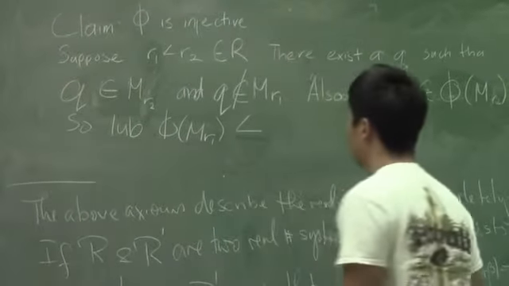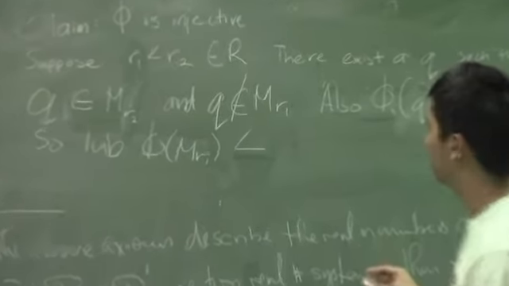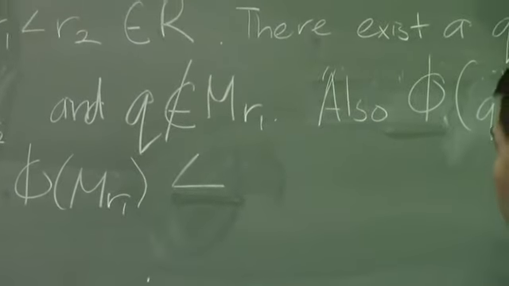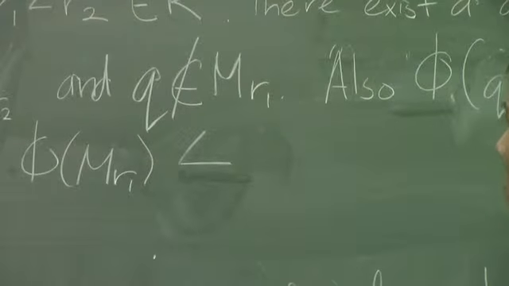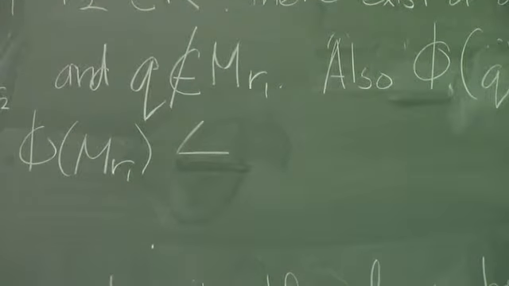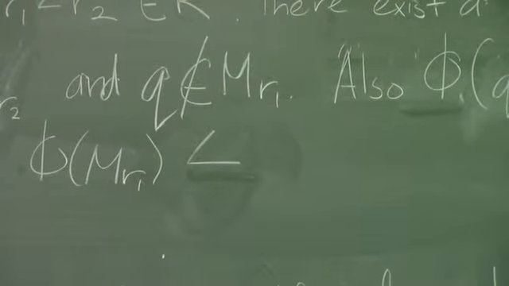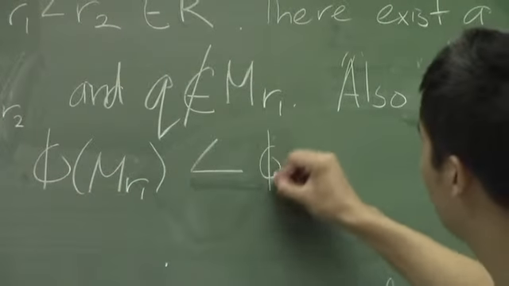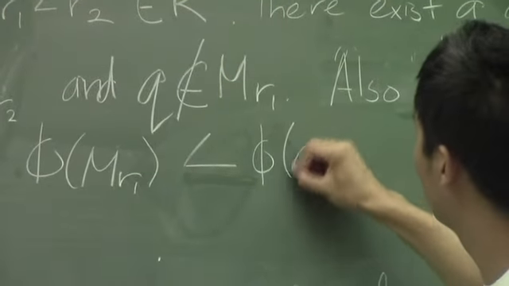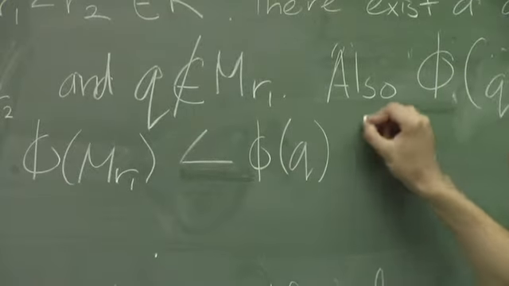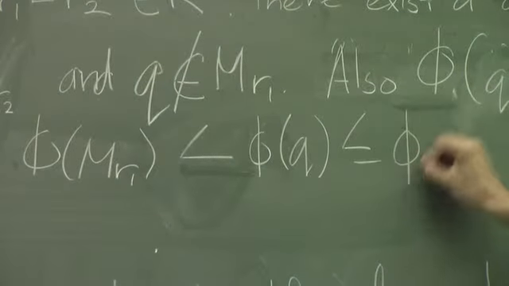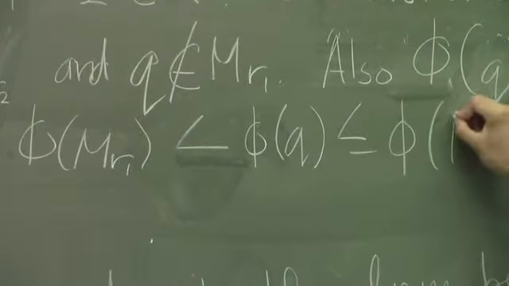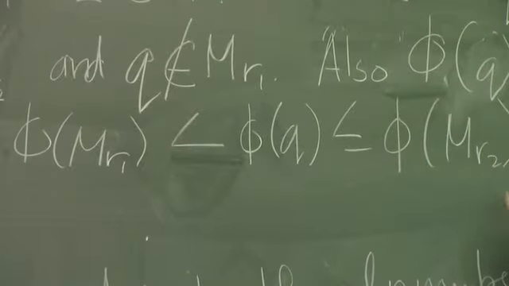It cannot be equal. And phi of q is less than the least upper bound of phi of M r2.